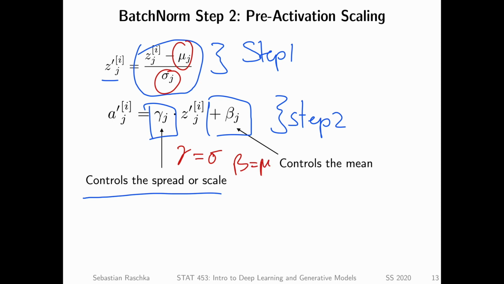If we have this condition, which will, by the way, be super unlikely in practice, this would be just reversing the standardization. So what the network could technically learn, by learning these parameters, is to undo the standardization procedure.